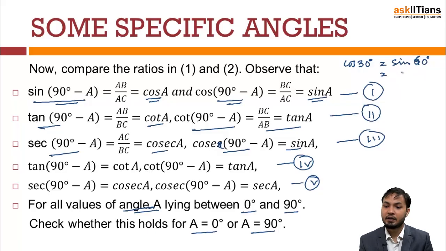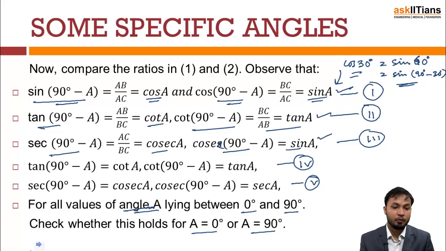If I write it as sine 90 minus 30 degree, and if I write 30 as A, it basically defines this whole formula, right? So like this, the trigonometric ratio table values will always correspond with respect to these formulas.